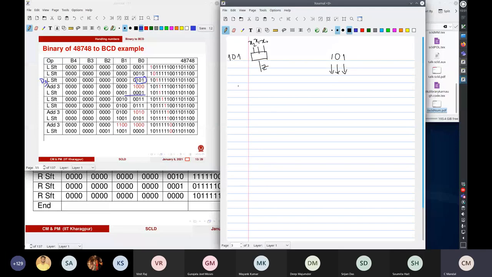Let us say that z is equal to 1 if x2, x1, x0 is greater than or equal to 5, and 0 otherwise.